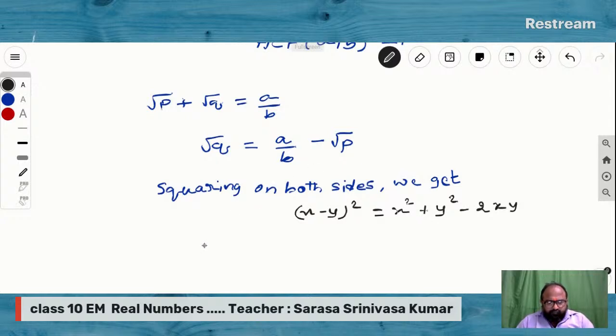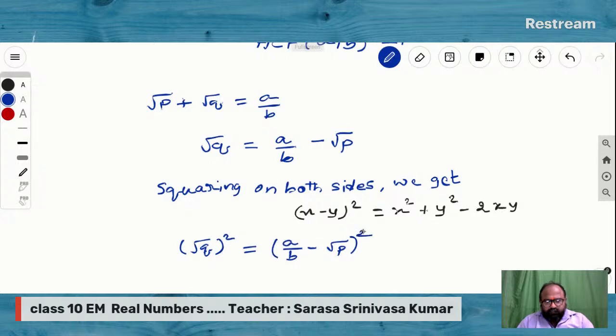Therefore, square root of q whole square equal to a by b minus square root of p whole square.